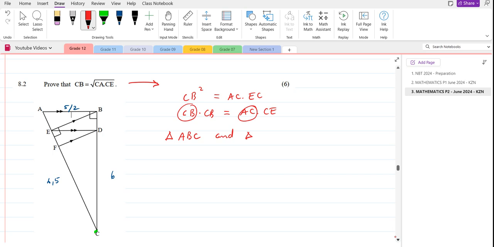When I tried that squaring method, the x squared cancels out, so I'm not going to get anywhere. Triangle ABC and triangle BEC.